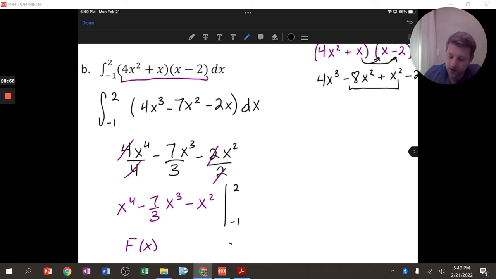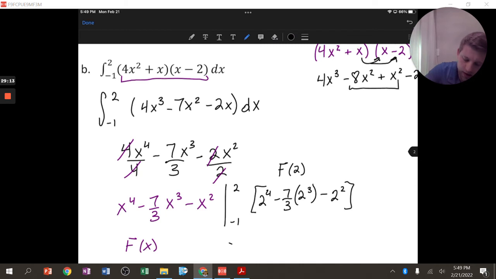So let's go ahead and evaluate. Again, we'll do capital F of 2 to start. So we'll have 2 to the fourth minus 7 thirds, and then 2 raised to the third power minus 2 squared.